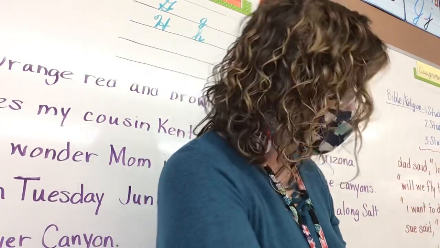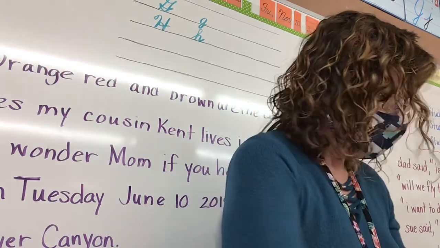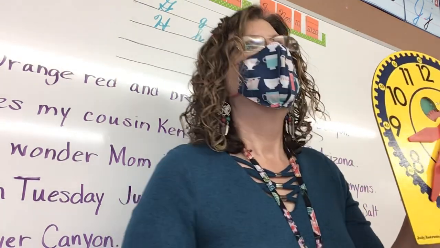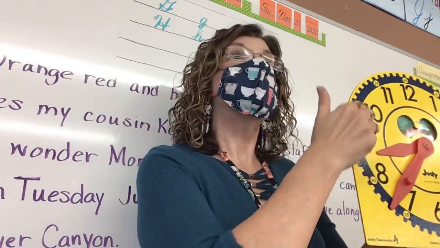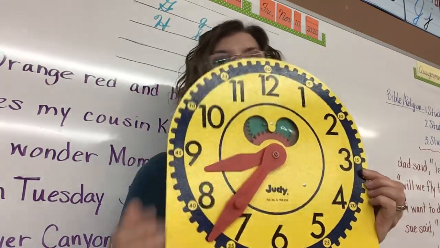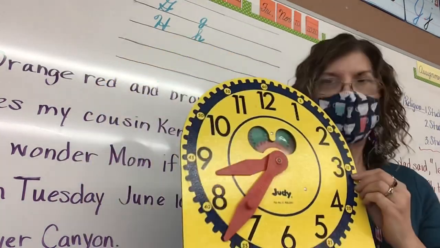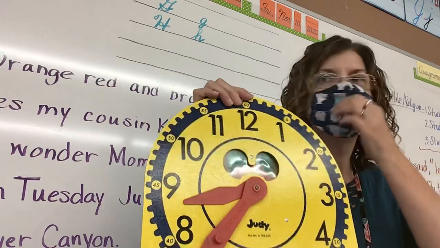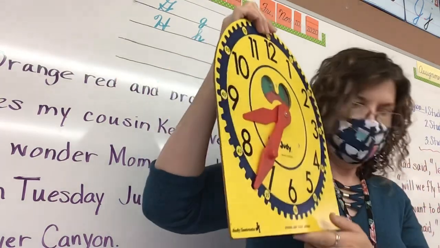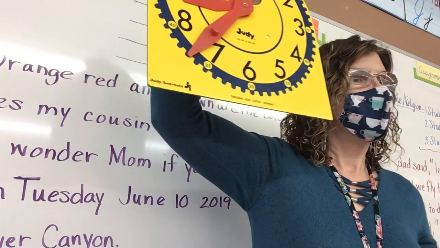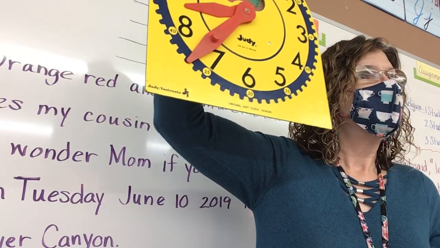Okay, the next one, it looks like this. Alright, so Maya, can you please tell me where is the shorthand? The shorthand is just past the 8. That's right, so go ahead and put 8 for your hour. Alright, now tell me where is the longhand? It's past the 7.